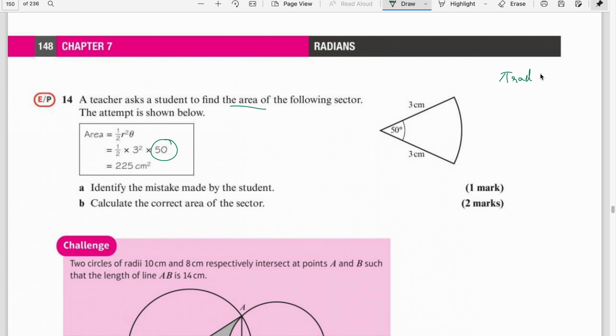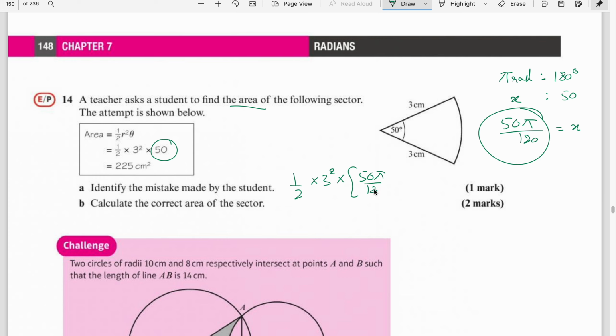Pi radians is equal to 180 degrees. So when this is unknown, that is 50, and we cross multiply, this would be 50 pi by 180. We should have used this value. Calculate the correct area. So we just plug in the value in radians, or we use the formula we did in IGCSE. So 50 pi by 180. Either we use this, or we write angle by 360 times pi r square.